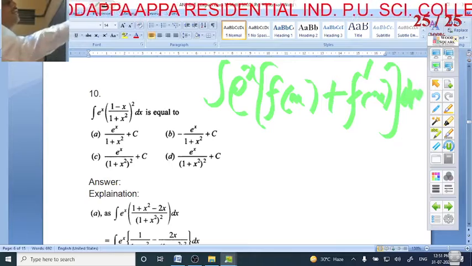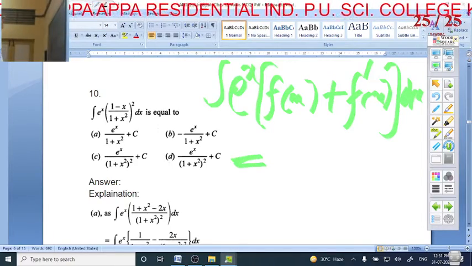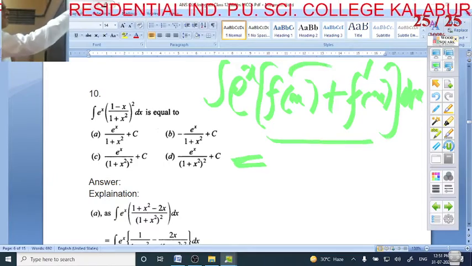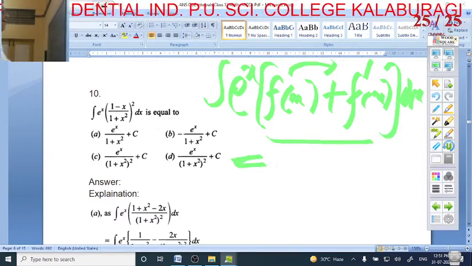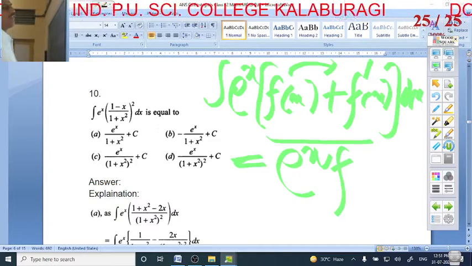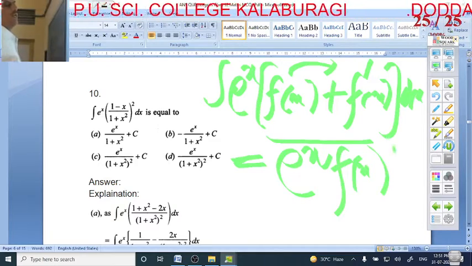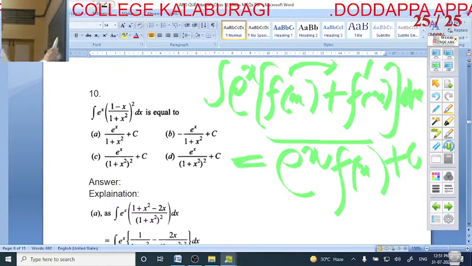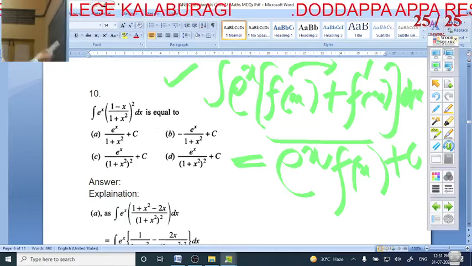What is the meaning? Here the integration of e to the power x is multiplied by such a quantity, meaning a function and its derivative are in a sum. Then it is possible to write e to the power x times the function f of x plus c. So this formula plays an important role.